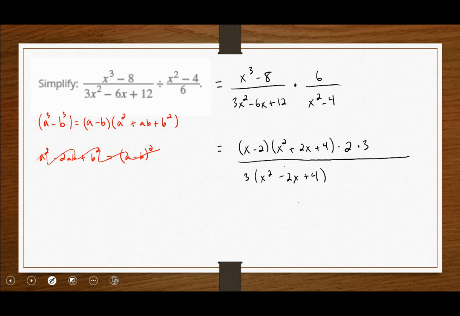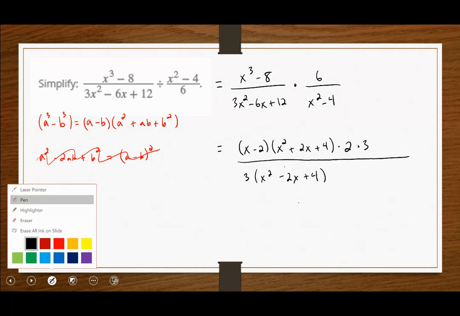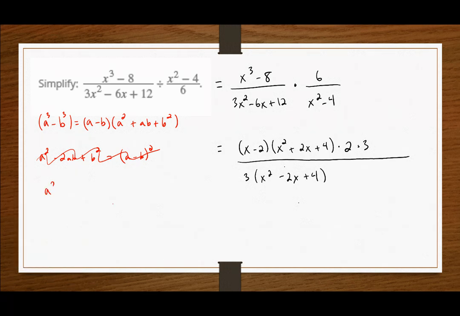My other denominator is x squared minus 4. This one does match a difference of squares, which again would factor to give me a product of conjugates. So x squared minus 2 squared is going to factor to give me x plus 2 and x minus 2.